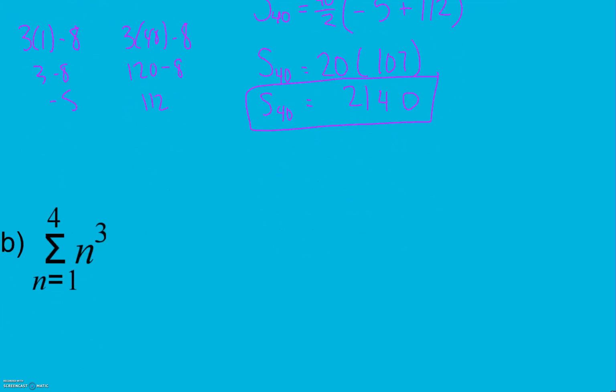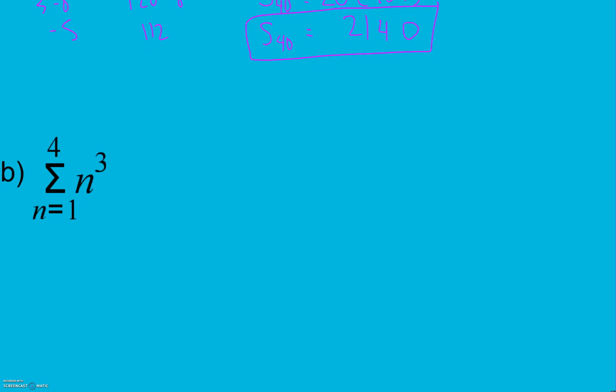For b here, if we look, this is not a linear function, which means we cannot use our sum formula. So we're going to have to find each value here. We're going to plug 1 in for n, and then we need to go all the way to 4.